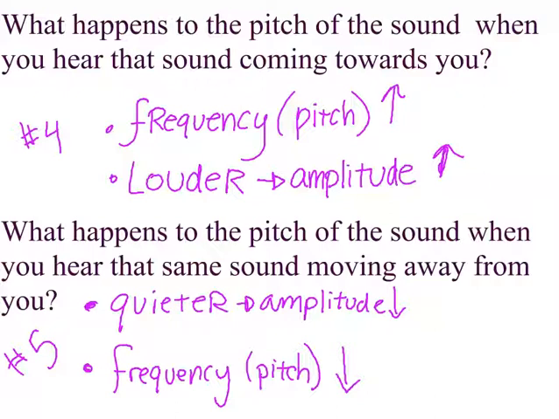So when you hear a sound moving towards you, the frequency should go up, the note you hear should go up, and it should get louder. Now, when that same sound moves away from you, it should get quieter, which means the amplitude of that wave got smaller, and the frequency, the pitch, should also get lower. This is kind of what happens when there's a siren. As it gets closer, louder, frequency higher. As it moves away, quieter, frequency gets lower.